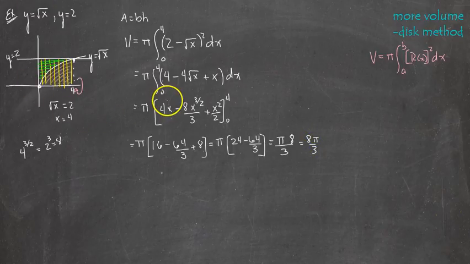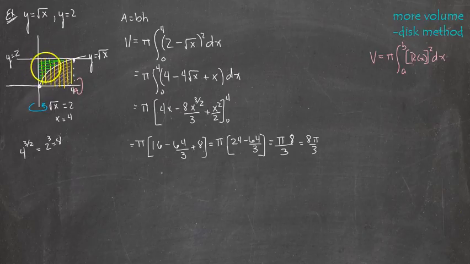So that's the volume of the solid from rotating this green area around the x-axis. Suppose instead, though, I had wanted to rotate around the y-axis.